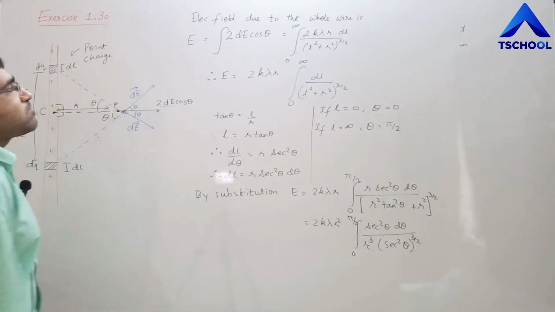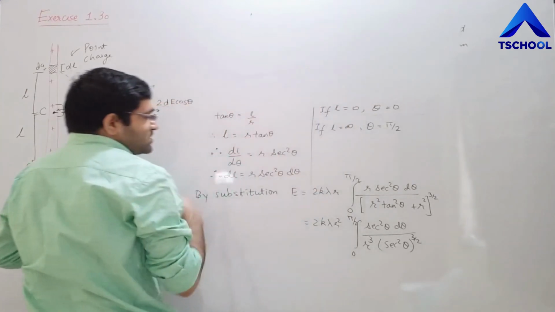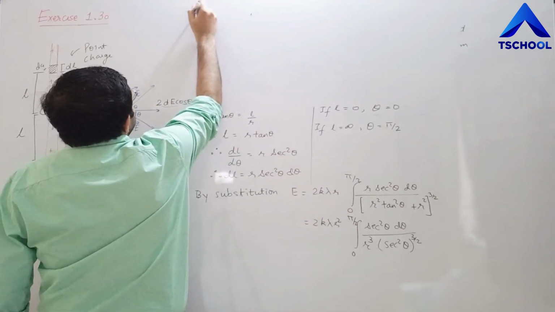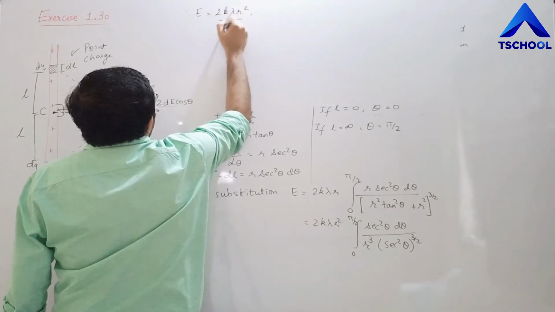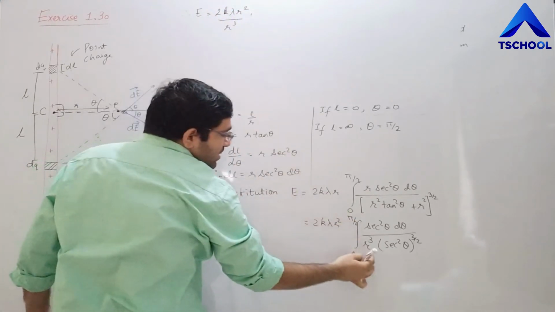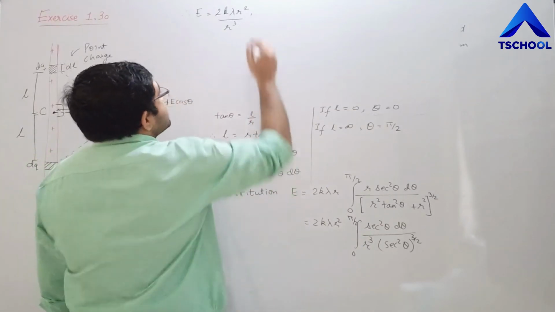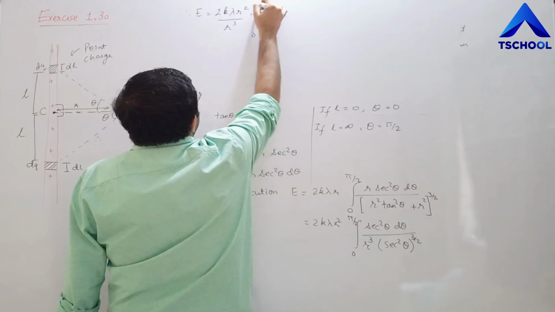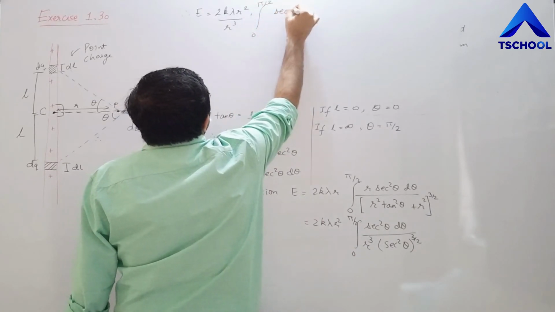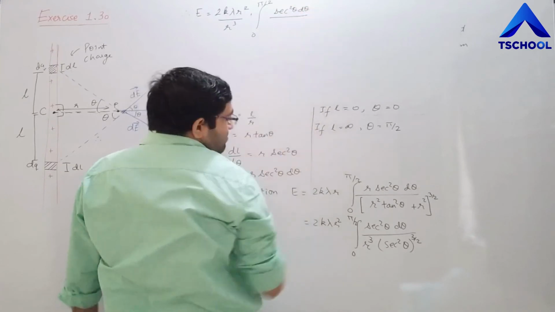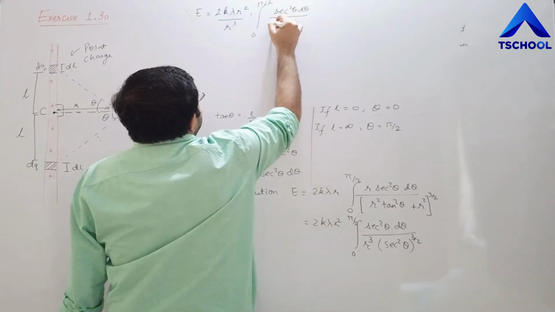Right? So now I'm going to put the next step in here. So that is going to be E is equal to 2k lambda r squared upon r cube. Again, because r is a constant, you don't need to keep it inside the integration. Integration of 0 to pi by 2 sec square theta d theta divided by sec cube theta, right?